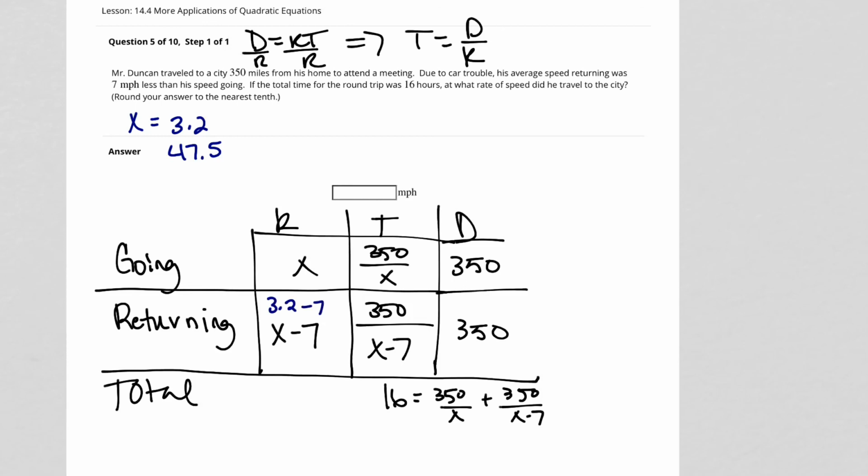If I take 3.2 minus 7, that's going to be a negative number. So I'm going to eliminate that solution, which means that the speed he was going is 47.5.